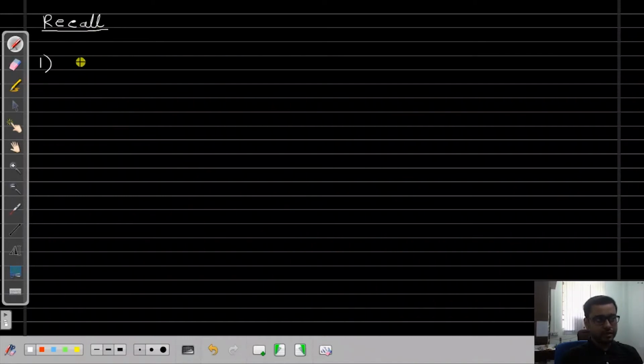Number one, I can say that delta(2t) was equal to delta(t) divided by 2, because delta(2t) is like, if I first draw delta(t), if this is delta(t) zoomed in, then delta(2t) is a narrower, squeezed version.